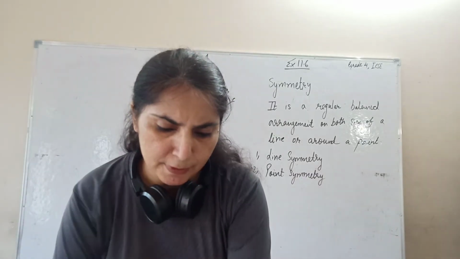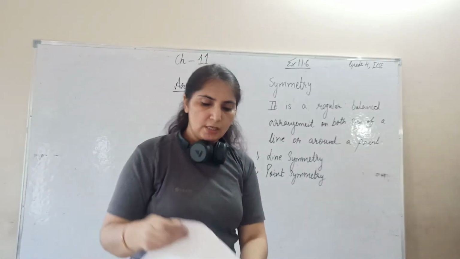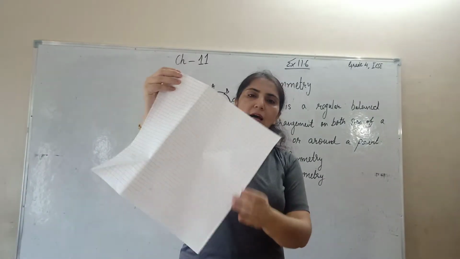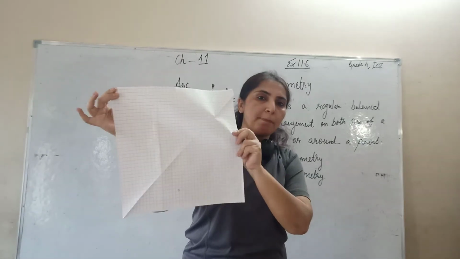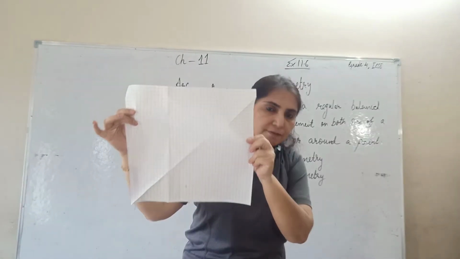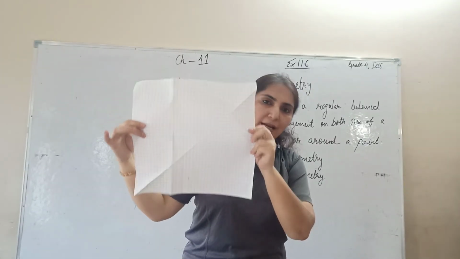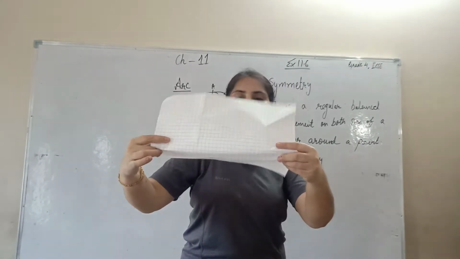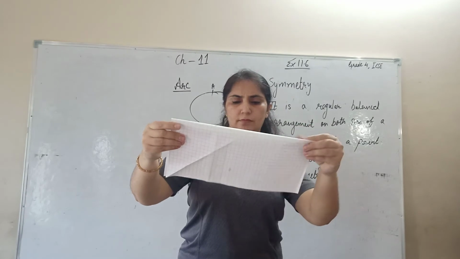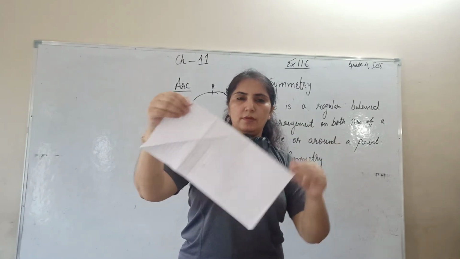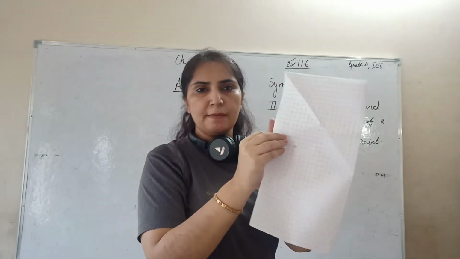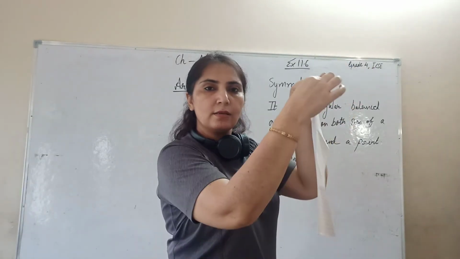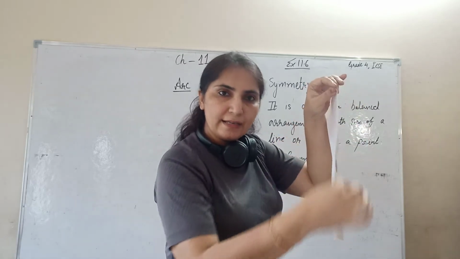Take this example. Now it's a paper and this paper has the shape of a square. If I have to divide it in equal parts, what are different options with me? Both are same. So this is one crease, one line of symmetry.